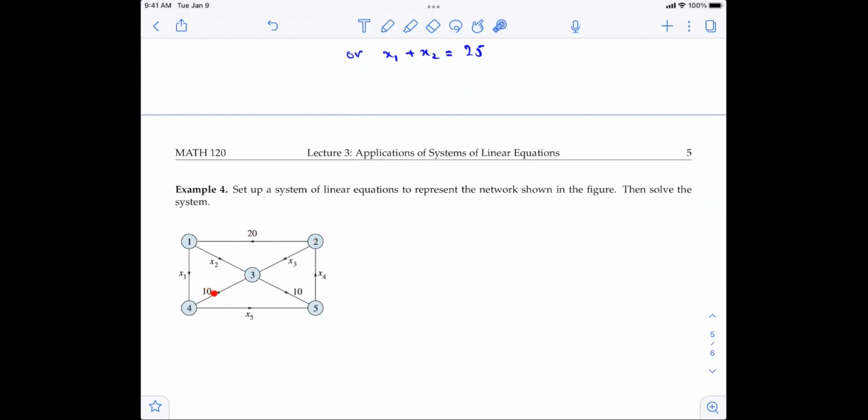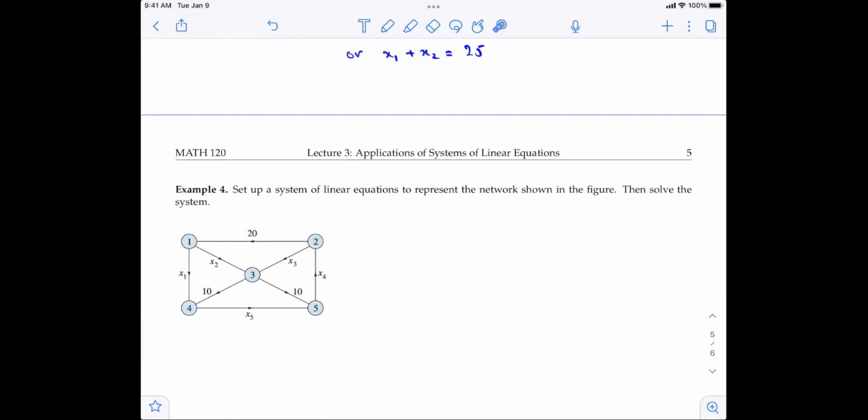There are 10 cars going from 3 to 4 and 10 cars, let's say, going from 3 to 5. Now you want to know how many cars are going from 1 to 4, how many from 1 to 3, so on and so forth, right?